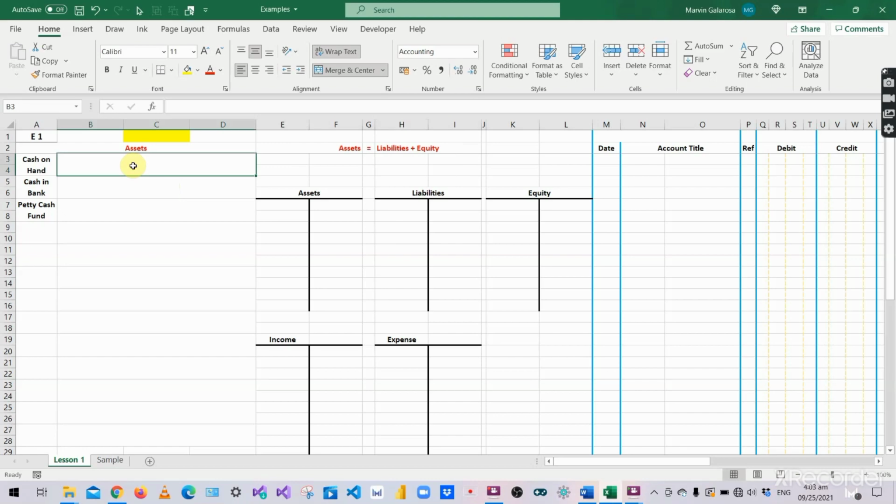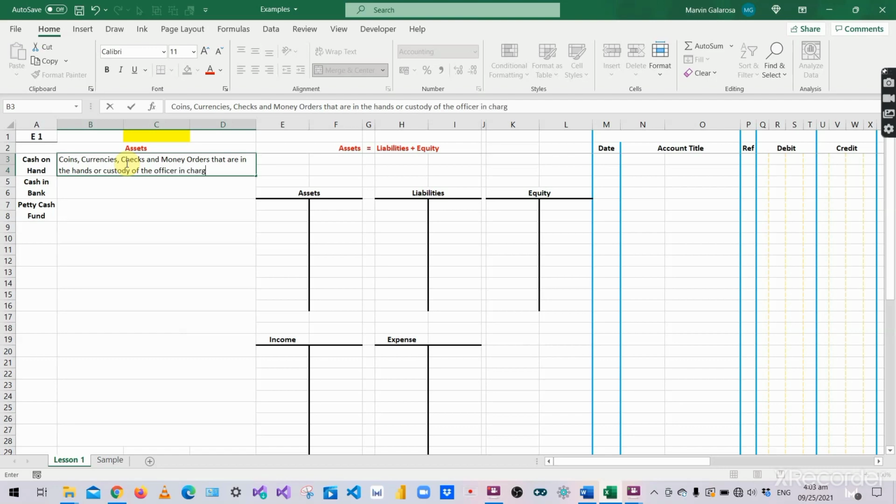Cash on hand are coins, currencies, checks, and money orders that are in the hands or custody of the officer in charge or owner.